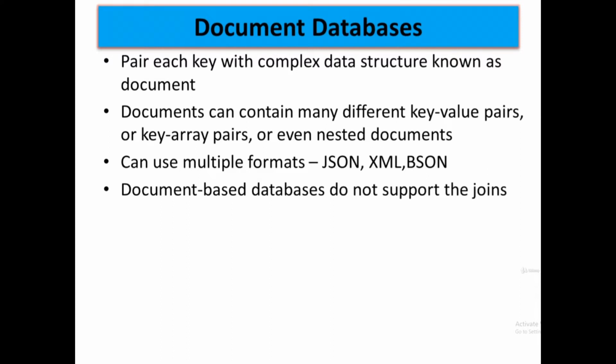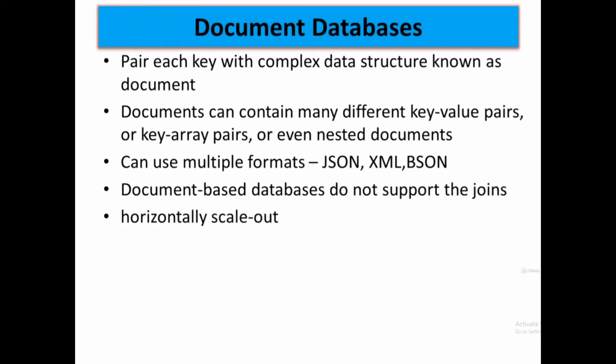Document-based databases do not support joins, so it almost overcomes the problem of sharing the data across multiple nodes. It does not support relations. Each document is standalone. It can refer to other documents by sharing the key corresponding to the particular document.